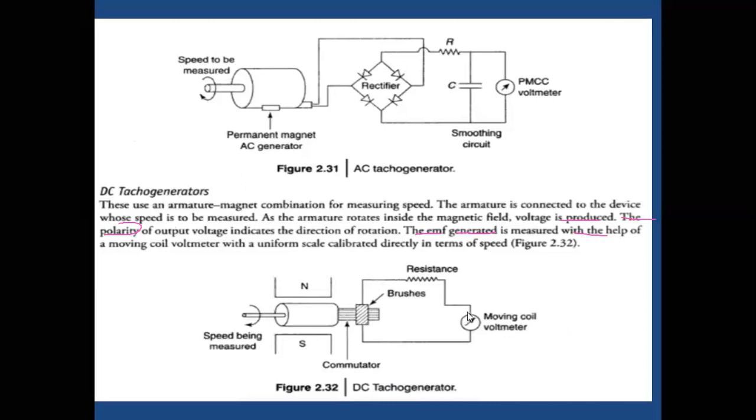Through the moving coil voltmeter our voltage is converted to digital form, where the output is displayed in a digital manner. Here the mechanical displacement is given as the input, and the output is digital velocity.